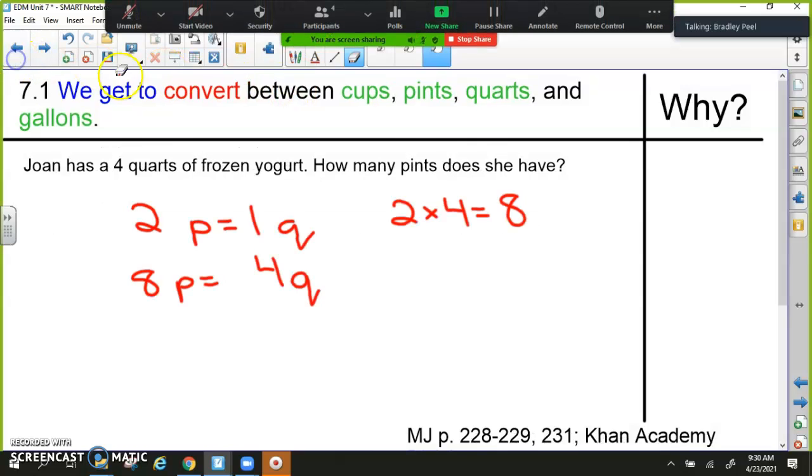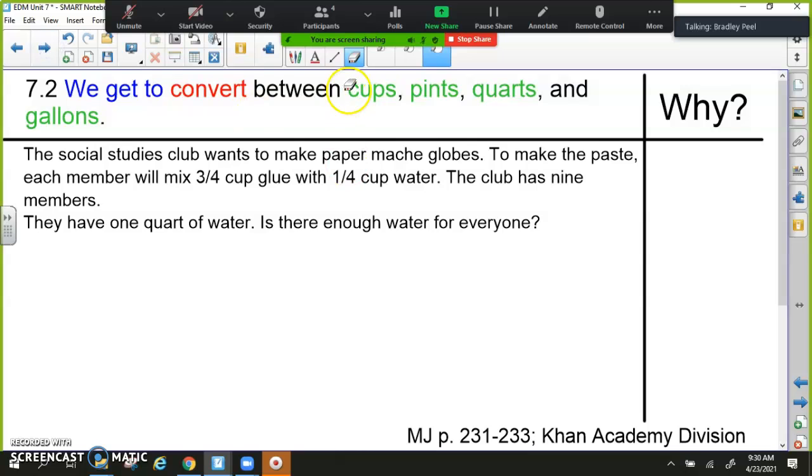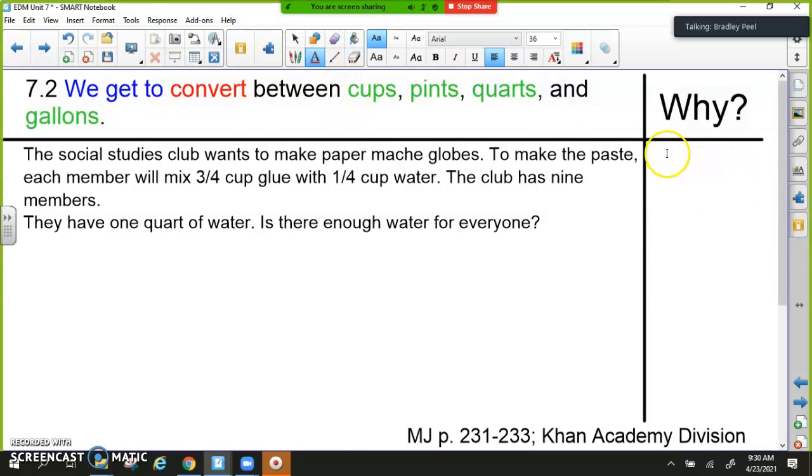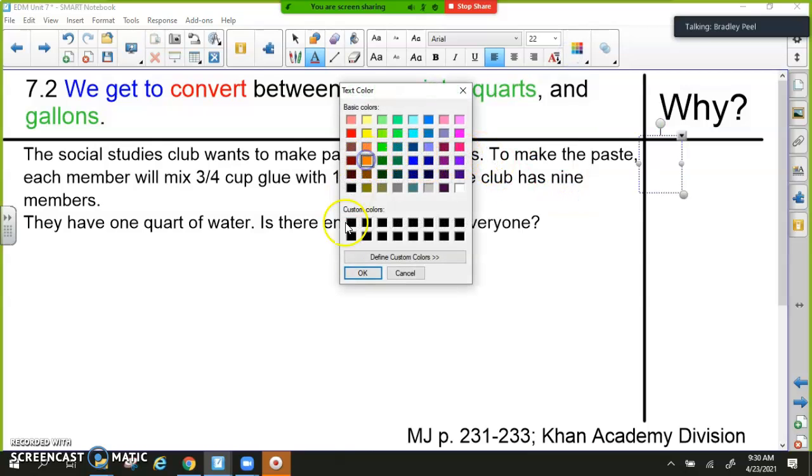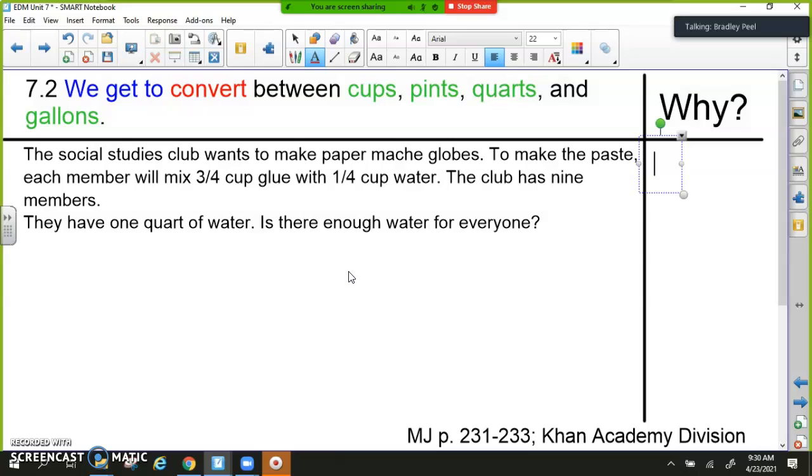I told you one of the reasons why we would be doing this kind of work is one day to take care of yourselves. Quite possibly and likely by college, maybe by high school, you'll all be cooking for your own selves.